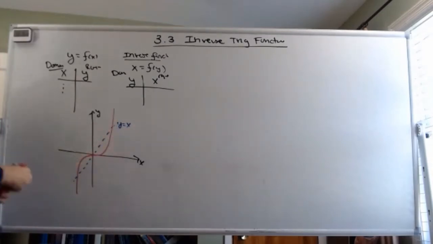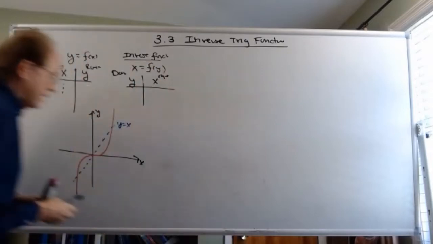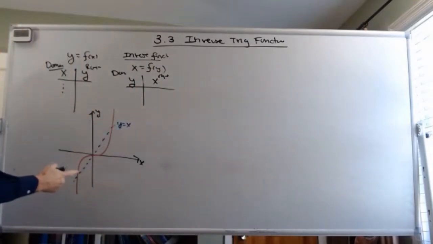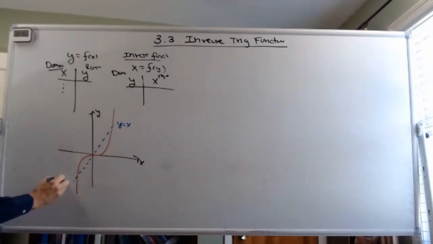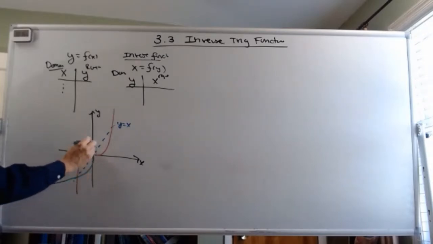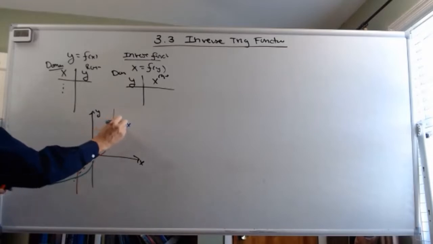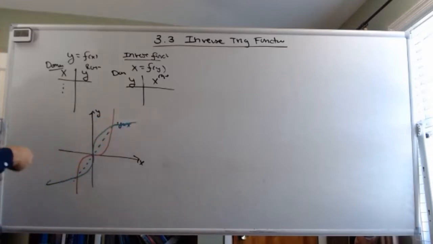And I wanted to find its inverse. I would flip it about that line, y equal to x, and we would get something that looks like this. That would be my inverse function.